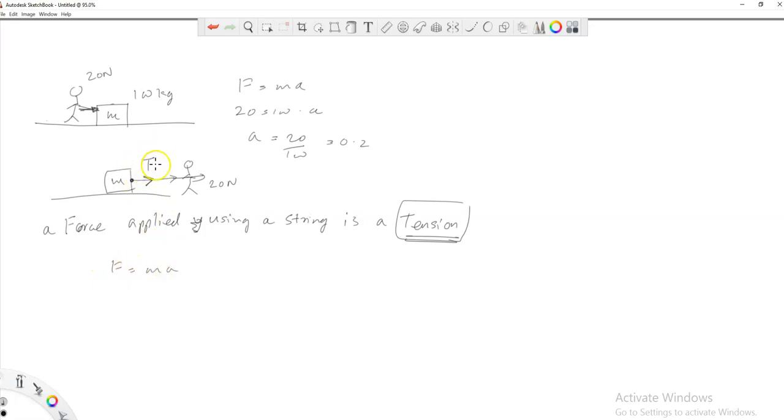This tension becomes the force, right? You can even write T instead of F. That's fine, but the normal standard is to use F. So 20 equals 100 times a, so you get the same 0.2, right? So just a new word, tension: a force applied using a string or a rope or a cable. So that's that.